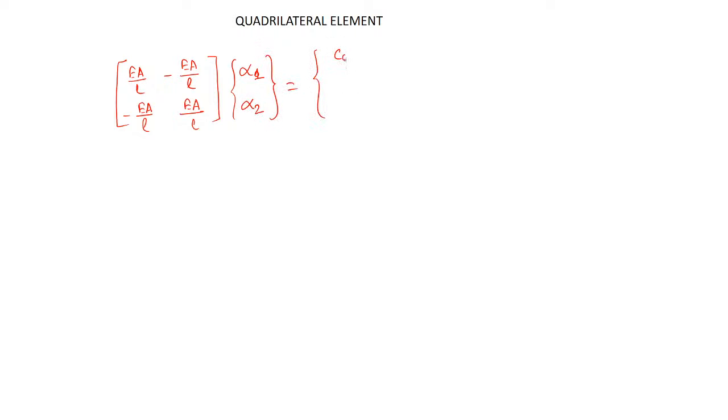Let me just rewrite it, because we have erased it. So EA by L minus EA by L, sorry, this should be alpha 1, alpha 2. The right hand side is C naught L by 2, here it is C naught L by 2 plus P naught.